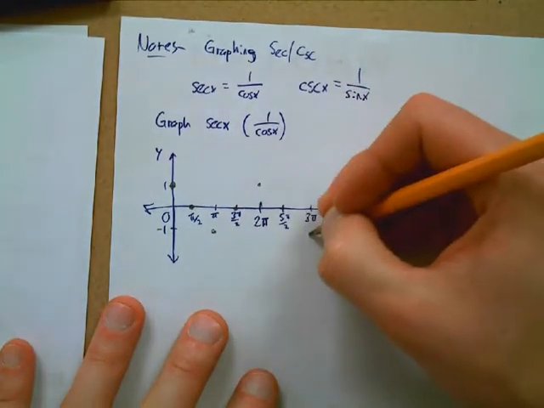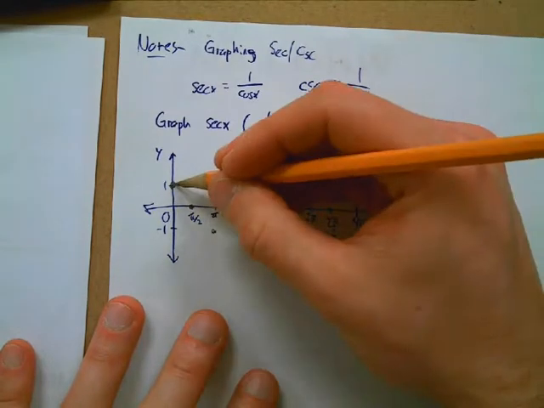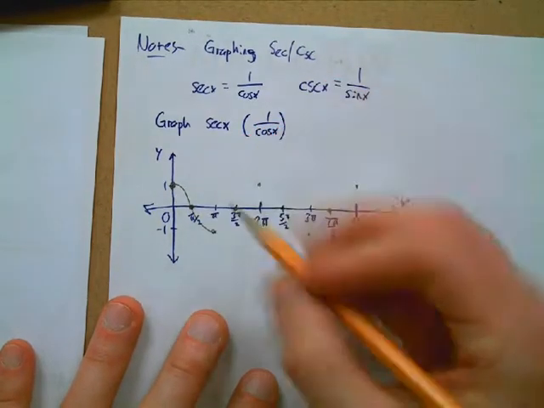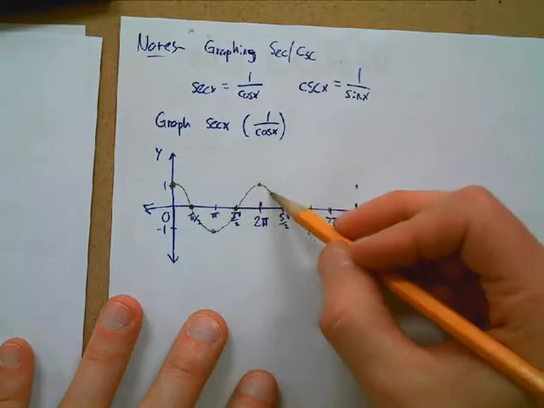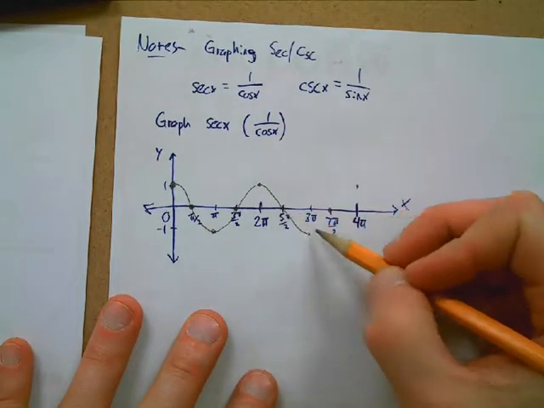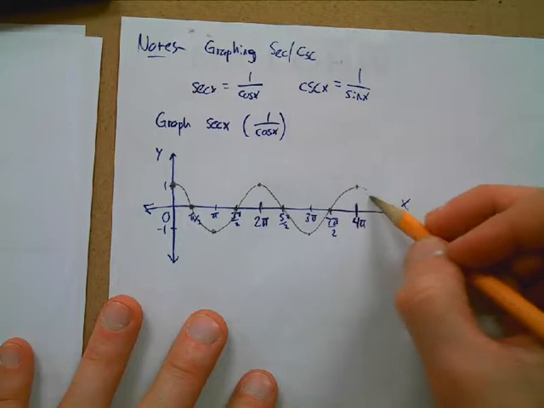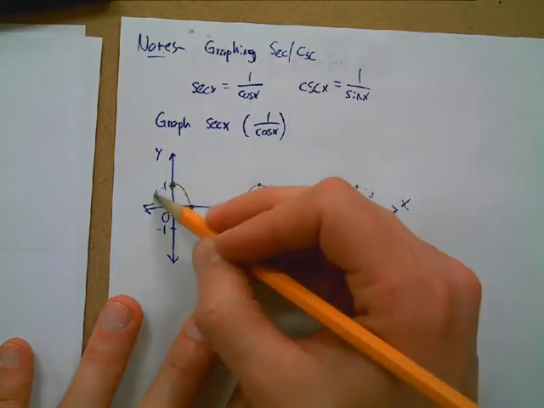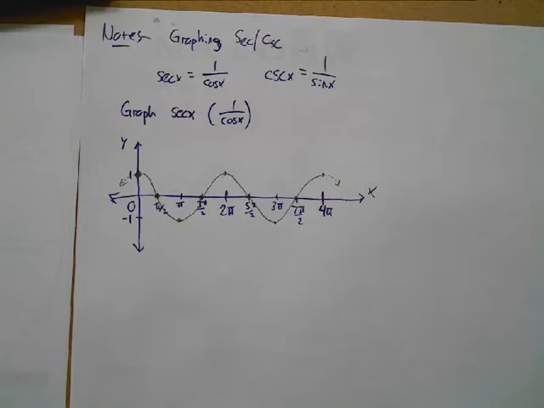Okay, so it looks like this. Okay, so there's cosine, right? No surprises, 2 full periods there, keeps going, all that jazz.